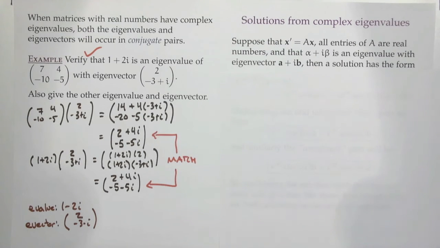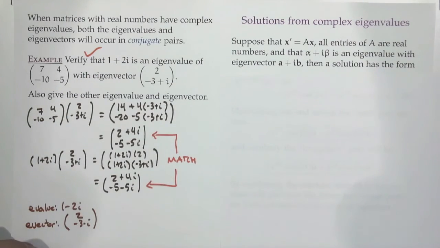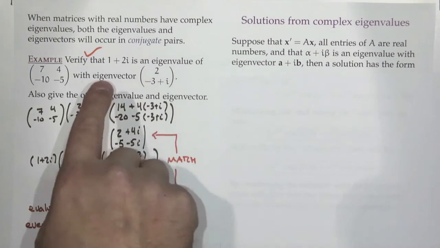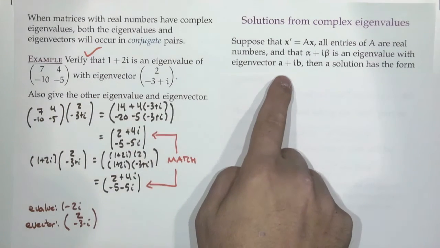So we have our basic thing. We have x prime equals Ax. All the entries are real. So that means what happens if we have a complex eigenvalue, alpha plus i beta? So in this case, 1 plus 2i. Well, it has an eigenvector. Now, just as we pull apart the real part and the imaginary part for our eigenvalue, we can do it for our eigenvector.